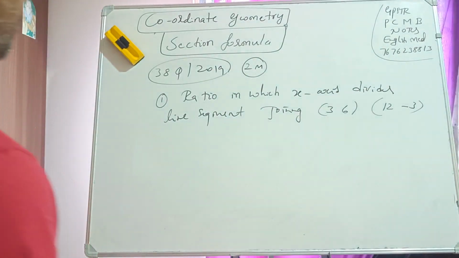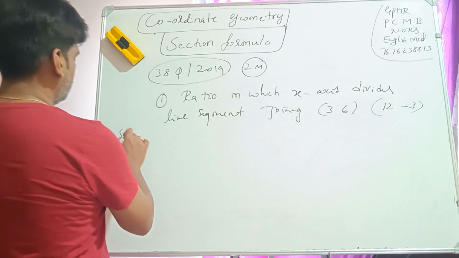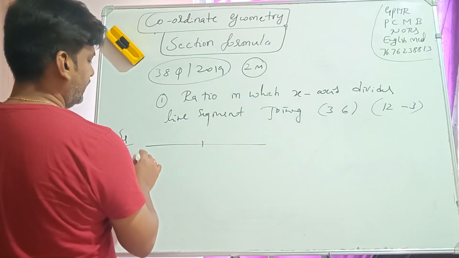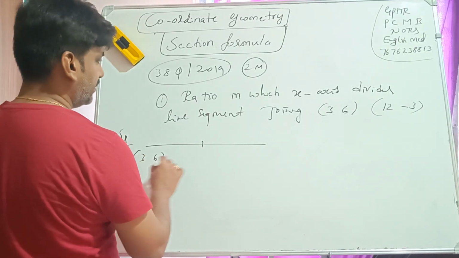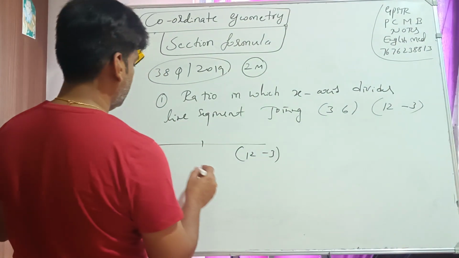So this is the problem, the ratio in which the x-axis divides the line segment. So under the solution, what you should take is the line segment. So it is dividing 3 comma 6 and 12 comma minus 3, right?